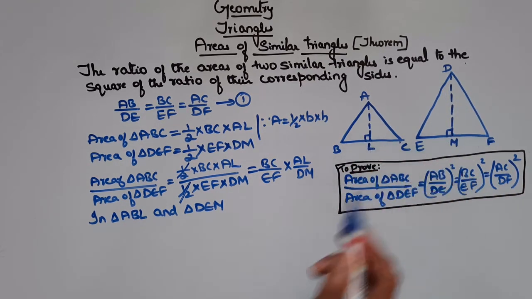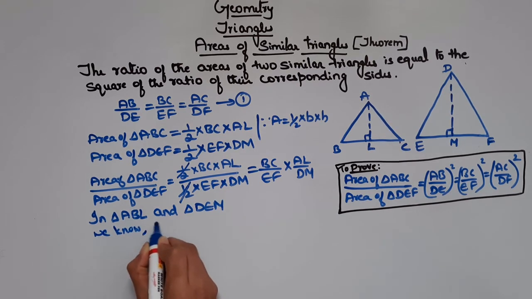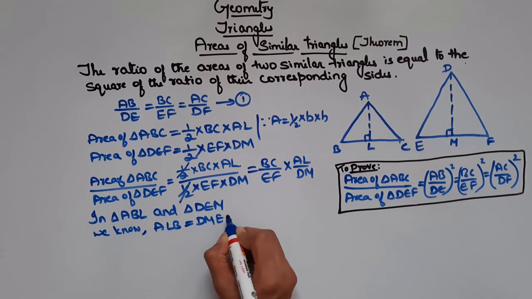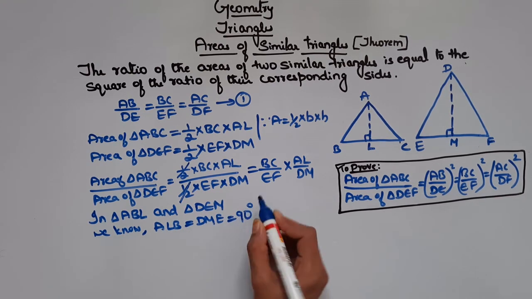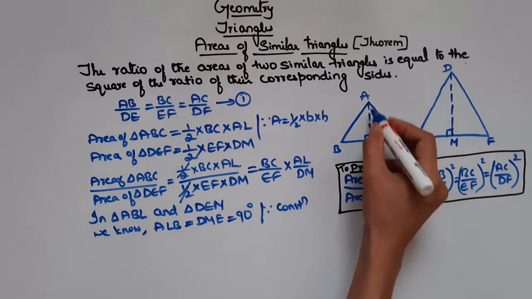They are perpendicular, right? We know angle ALB is equal to angle DME, which is equal to 90 degrees.